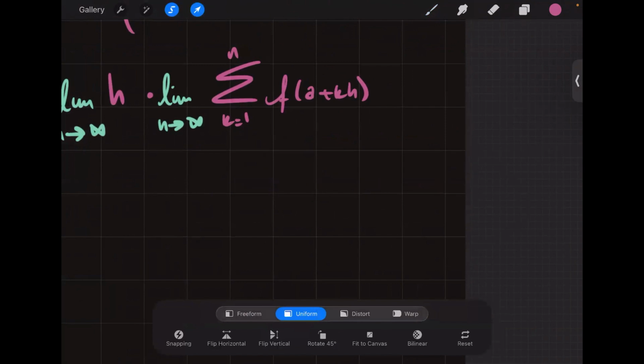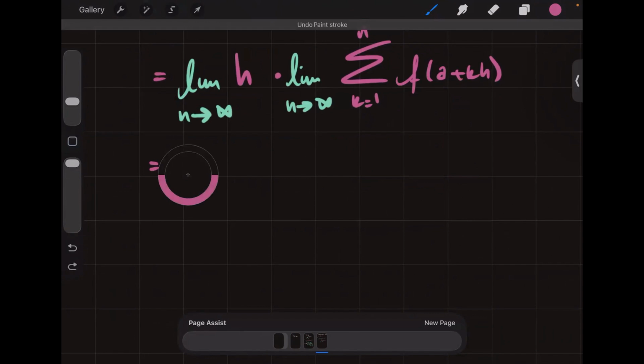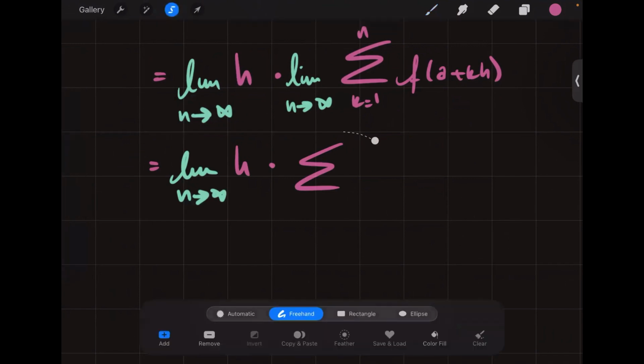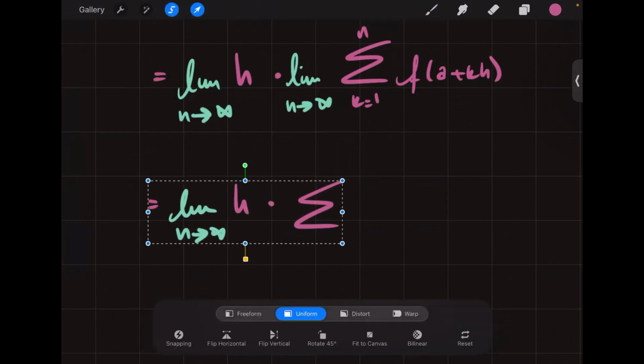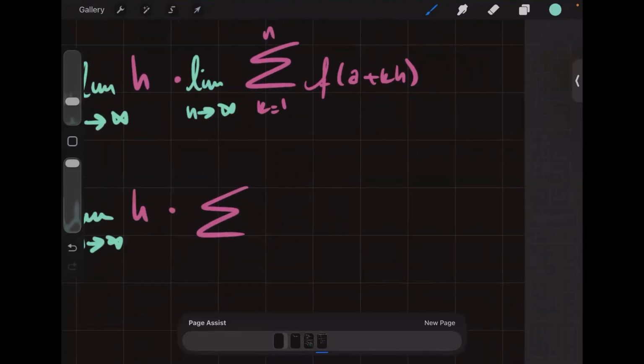You can actually just say this is the same as the limit as n approaches infinity of h times, and pay attention to this part, okay? Because we're gonna do a little bit of algebra magic. The limit as n approaches infinity of f of a plus kh, right?